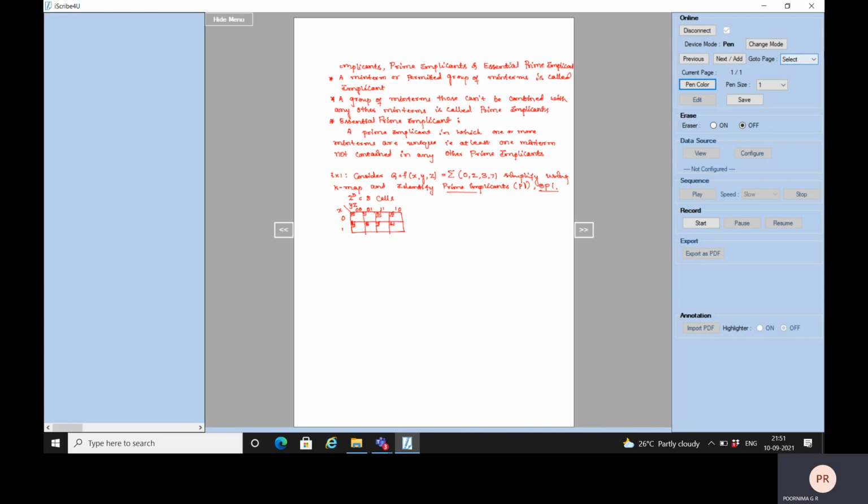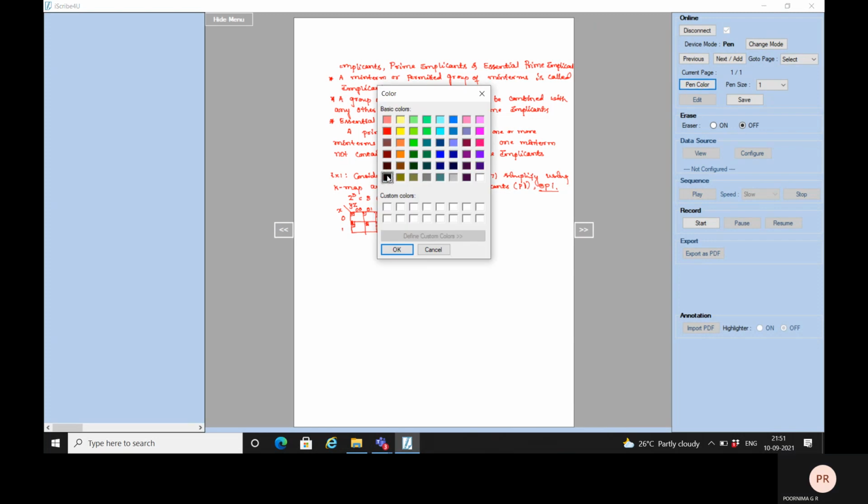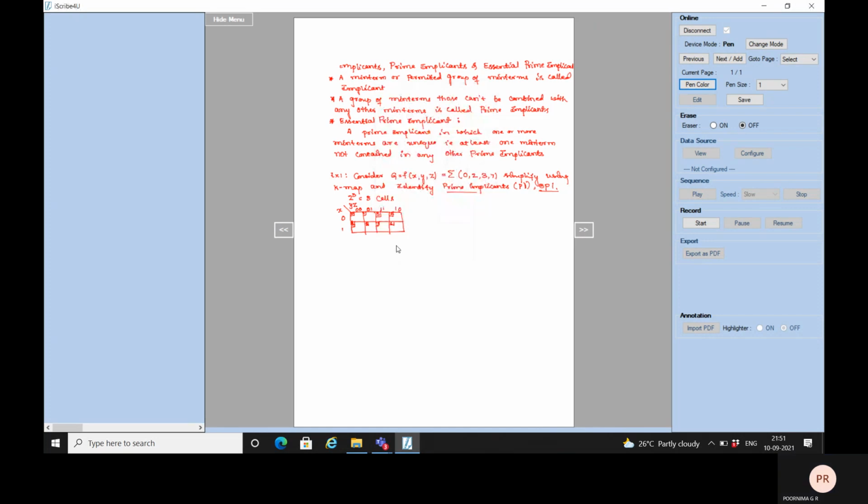So let me take the K-map with respect to the given values. Cell 0 is 1, again cell 2 with 1, 3 with 1, and 7 with 1.